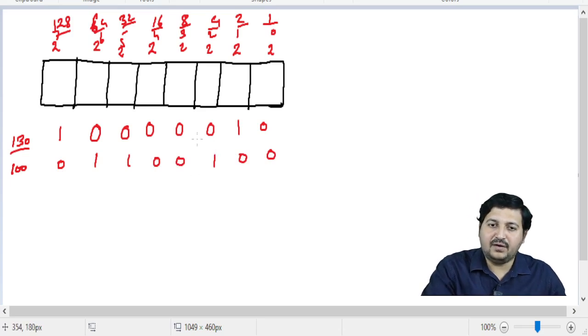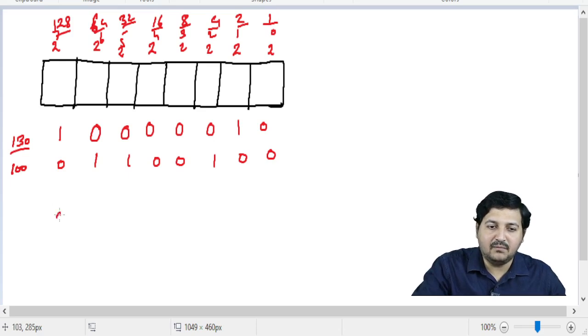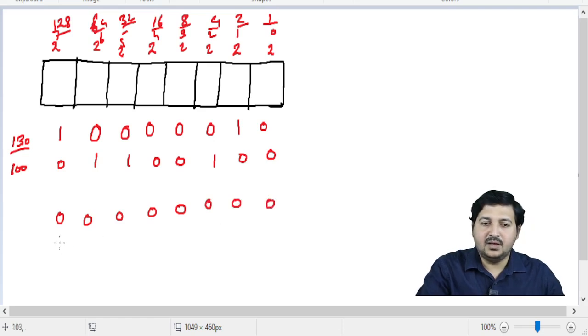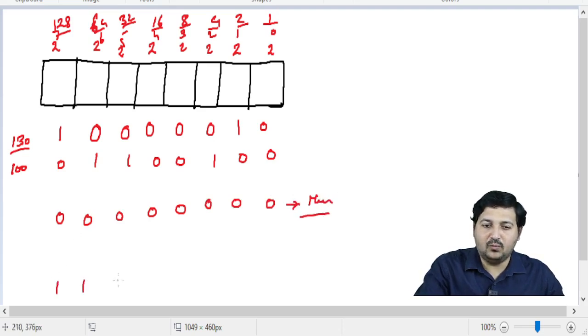Now if I want to find the range, what will be the minimum value? My minimum value will be all zeros in all 8 bits. And what is my maximum? Maximum is all ones in all 8 bits.